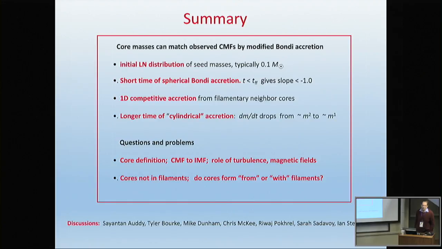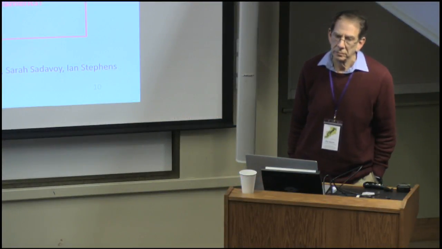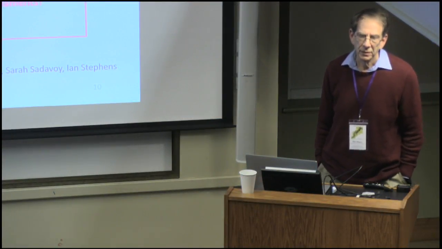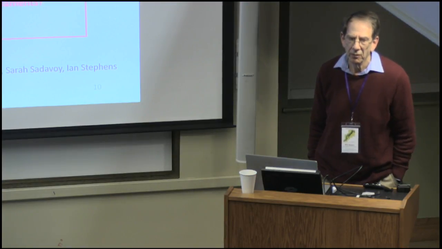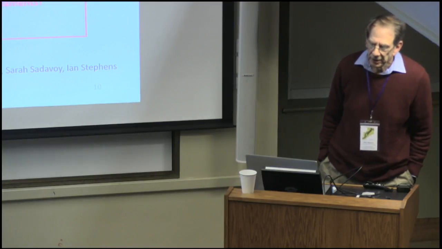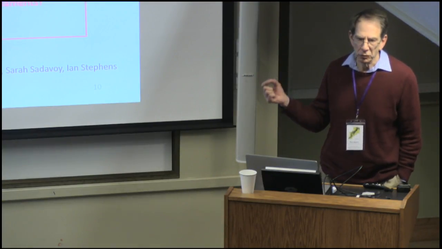I'm just trying to understand what you mean by spherical Bondi accretion. Usually Bondi accretion is an object moving through some kind of flow. So are you talking about just stuff falling in? Is that some initial condition? What you were referring to is sometimes called Bondi-Hoyle accretion. That's a moving accretor.